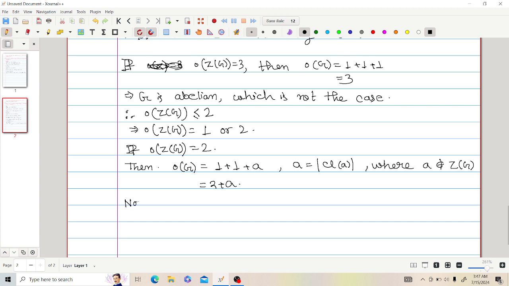Now we know that the order of the class of a is nothing but the index of C(a) in G, where C(a) is the centralizer of a.